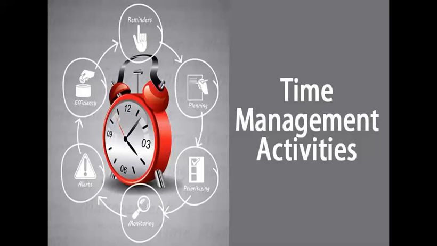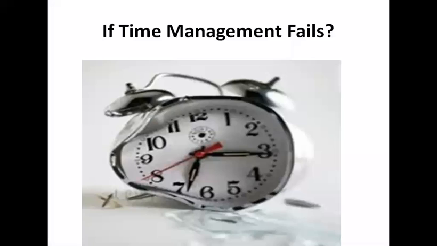Okay. Now, what do you think? Why does time management fail? So it can be failing to make a to-do list, okay, which is a very important factor. Even if you do not set personal goals, if you do not prioritize things, then distractions are very common.